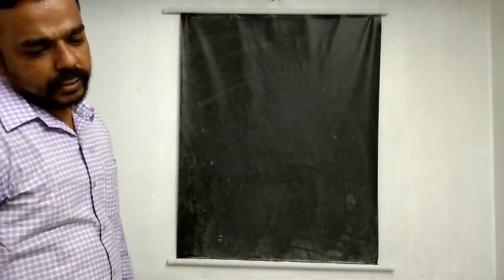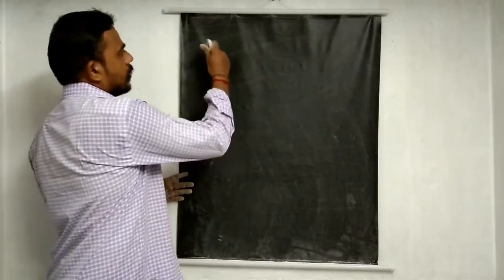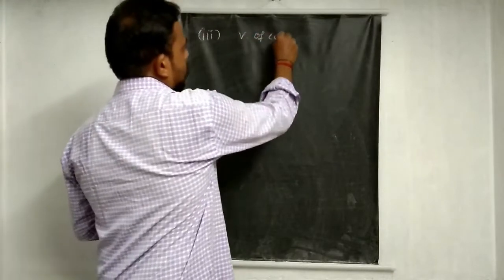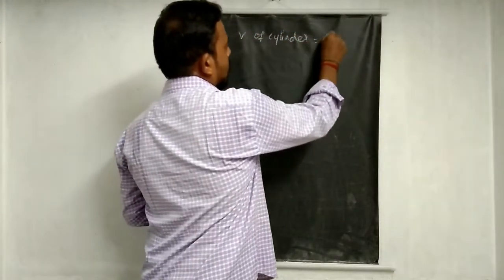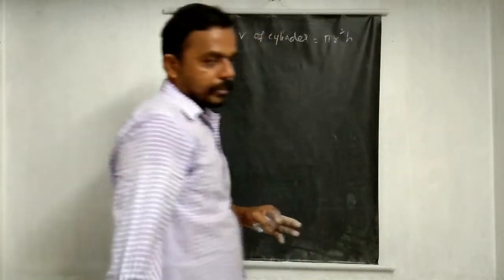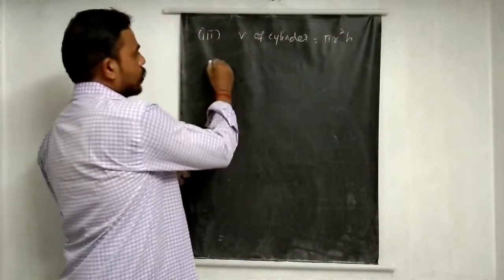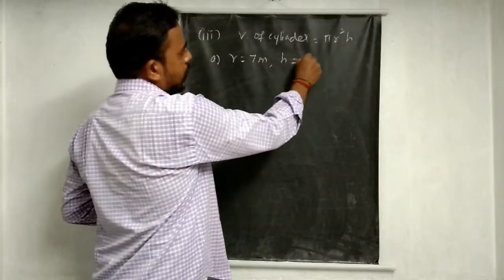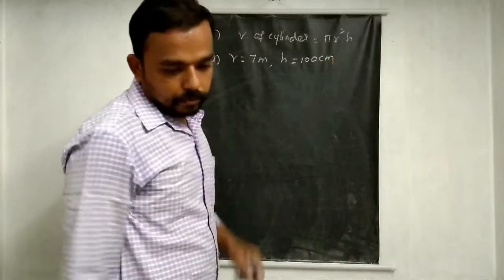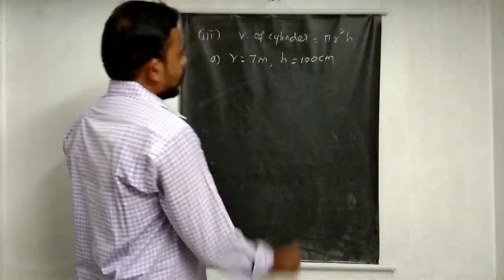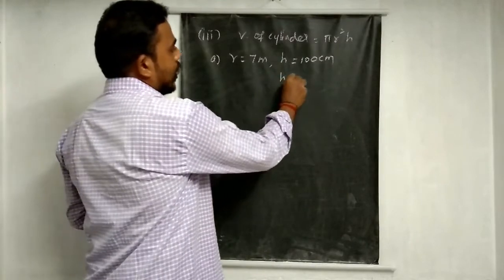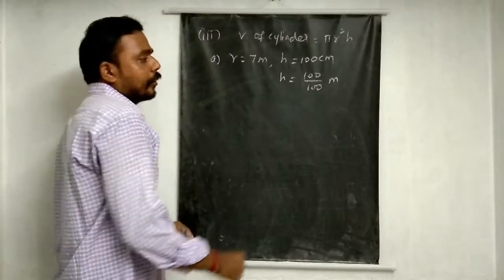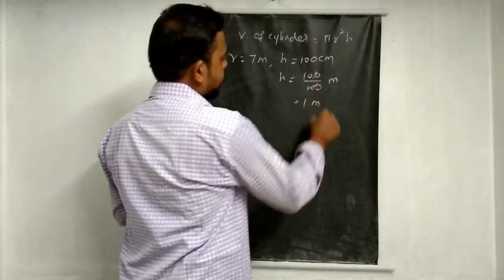Next, find the volume of the given cylinder. Volume of cylinder equals pi r squared. The first one is given R value 7 meter, H value 100 centimeter. So the H value is 100 divided by 100 meter, converting centimeter into meter, that is 1 meter.